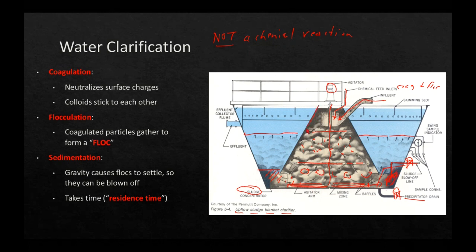Notice the shape of this vessel. It's cone-shaped. So think about a river. The river comes in to a lake, and so we have a fairly high velocity of the water going in and carrying a lot of suspended matter.